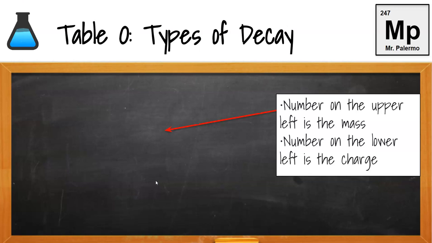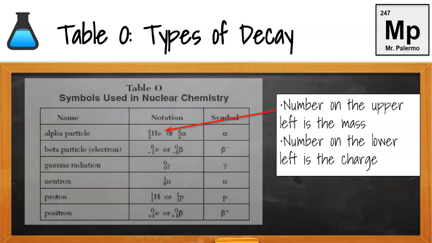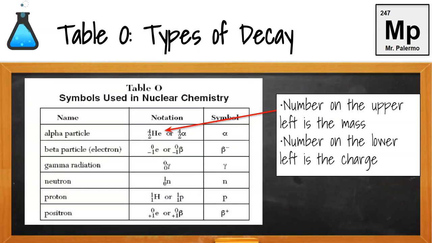So what types of radioactive decay do we have? If you look at Table O in our reference tables, it gives us a list of types of radioactive decay. The three most common are the first three: the alpha, the beta, and the gamma. They give you the notation. In the upper left-hand corner is the mass, and the bottom left-hand corner is the charge, just like the isotope notation we're familiar with from the periodic table.